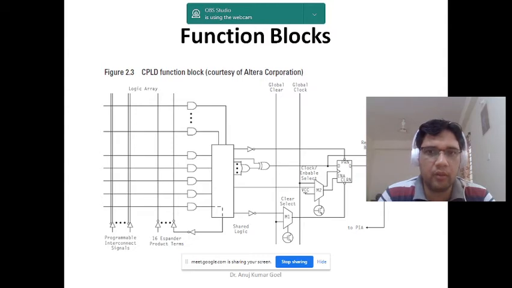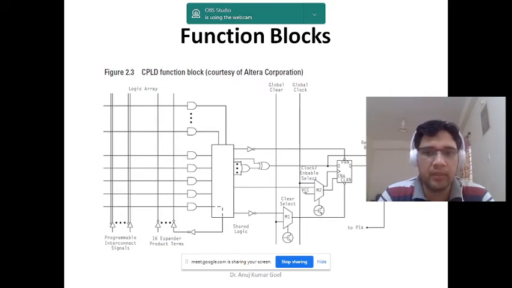Global clear is connected through this. M1 is used to give the clear signal. As you see in the figure, there is one D flip flop and a clear signal is connected through M1.